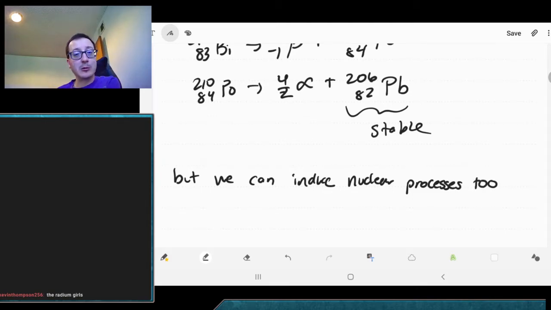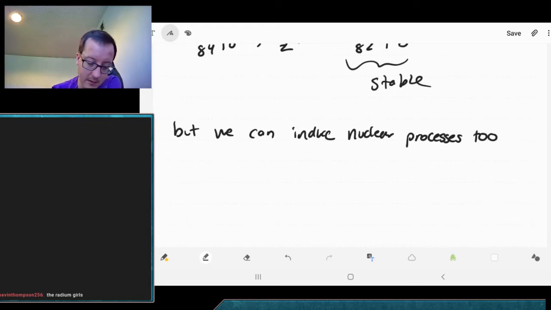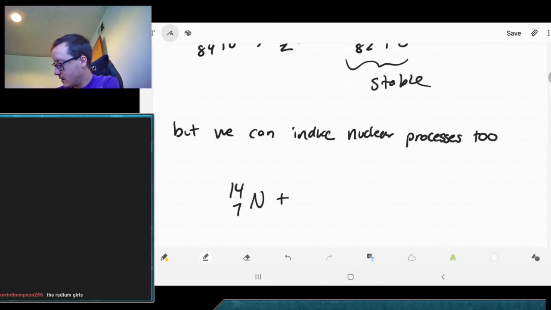We can create isotopes. Oftentimes we'll do this by throwing neutrons or protons at things and hoping that they will accept them. So for example, we can take some nitrogen, very common nitrogen for us. We can throw at it a helium.